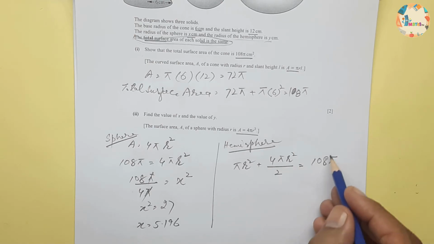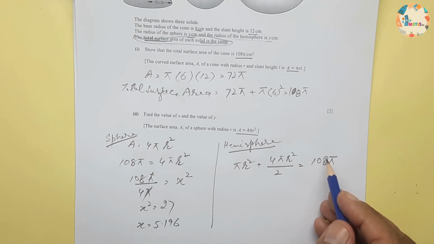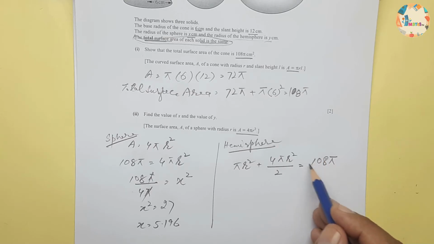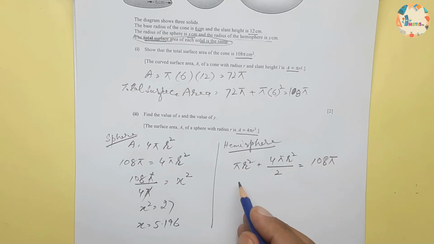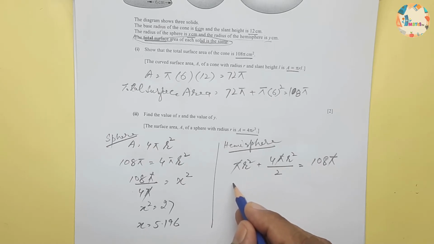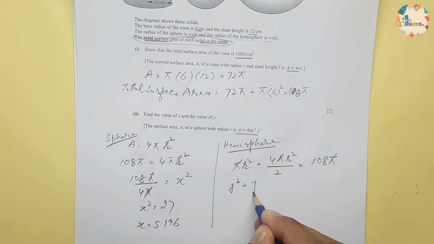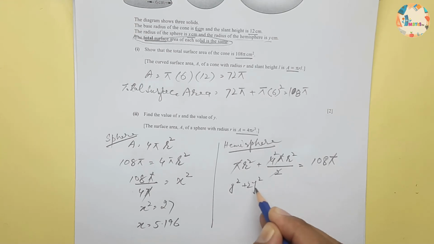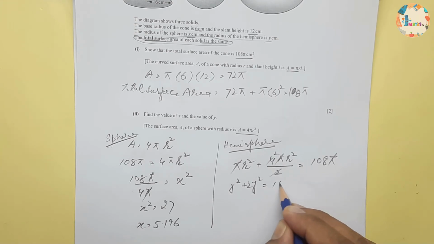They have given us the information that all these three shapes have the same total surface area. The total surface area of the cone we have calculated, so this will be equal to this. Now pi is everywhere, so we can cancel pi. r will be y in this case, so y squared plus 4 by 2, which is 2y squared, is equal to 108.